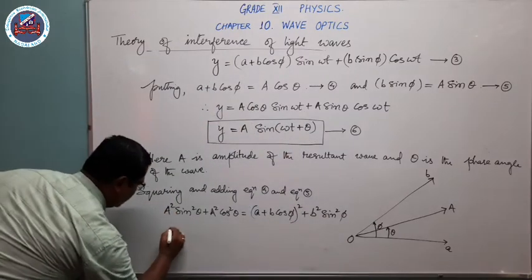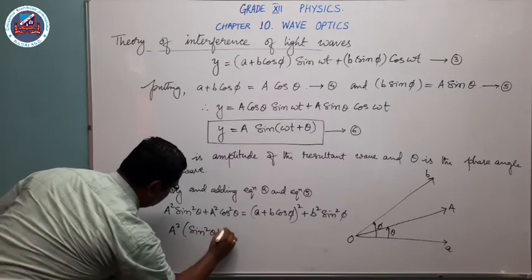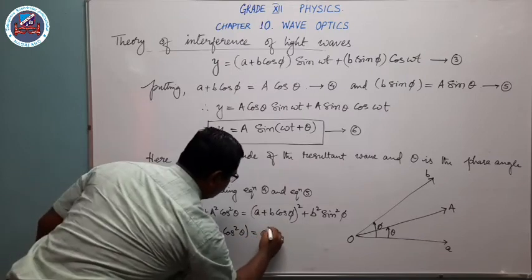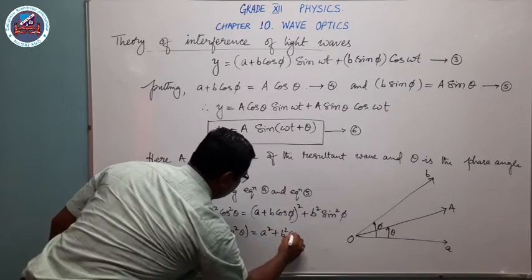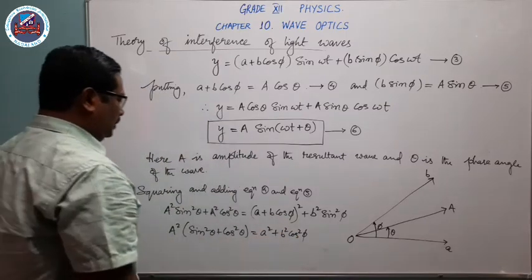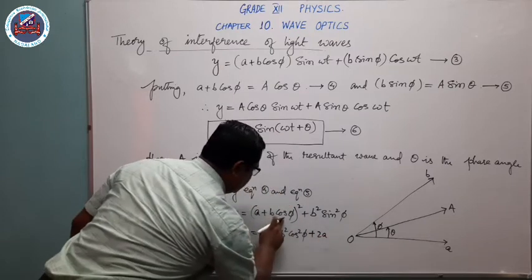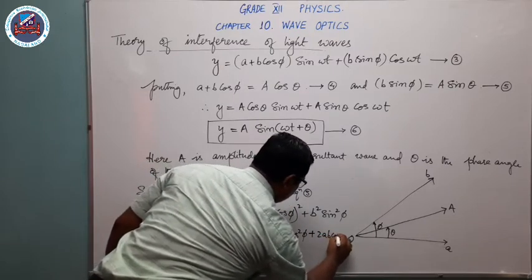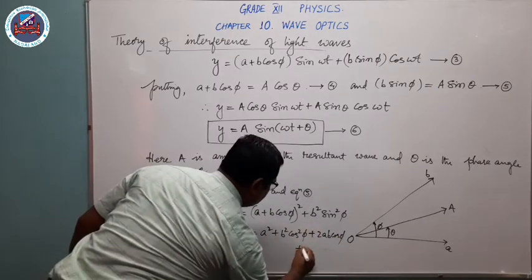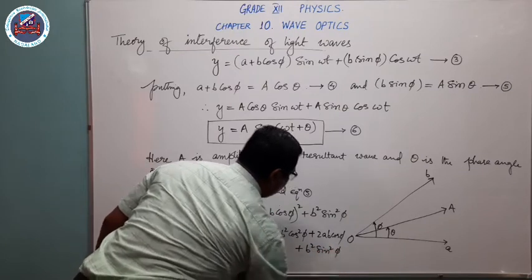Now here a square, if you take common, you will get sin square theta plus cos square theta. Here you will get a square plus b square cos square phi, plus 2ab cos phi, plus b square sin square phi.